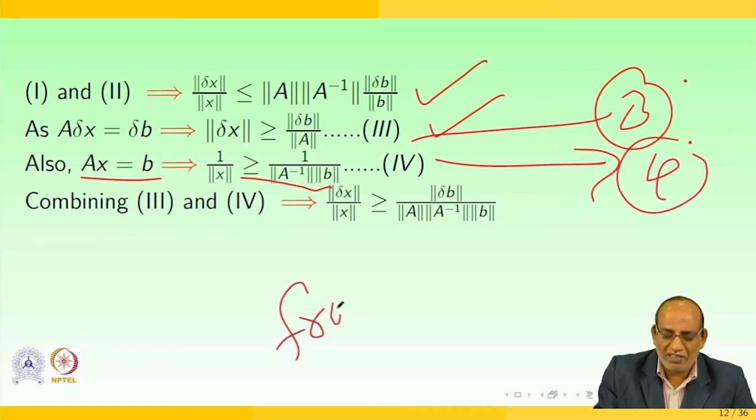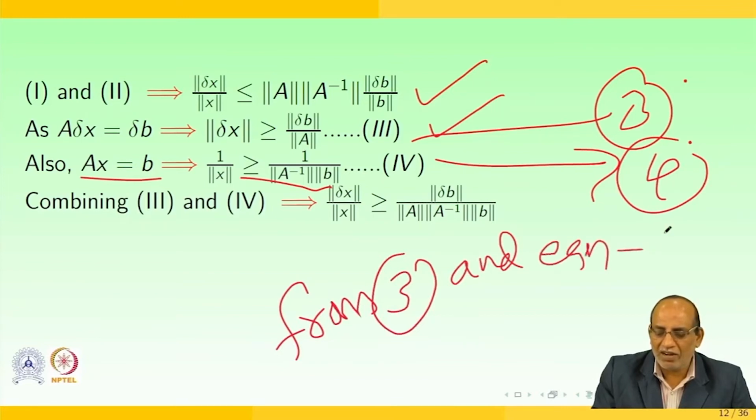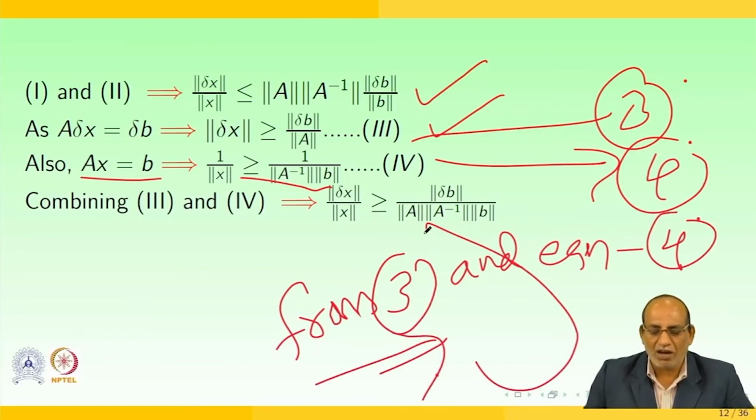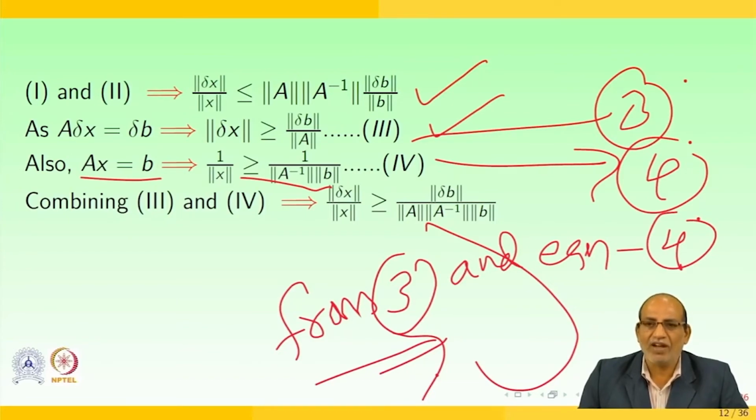So from equation 3 and equation 4, I can conclude that norm of delta x upon norm of x is greater than or equal to norm of delta B upon norm of B multiplied with 1 over norm of A times norm of A inverse.